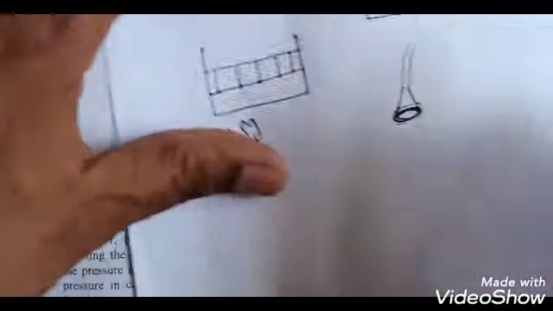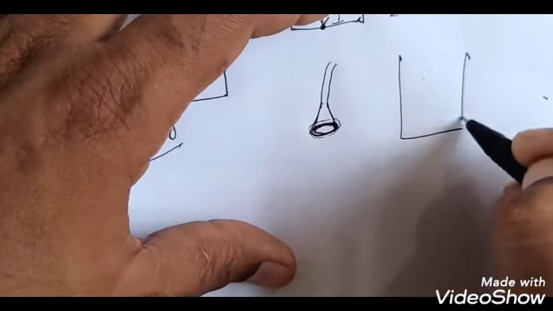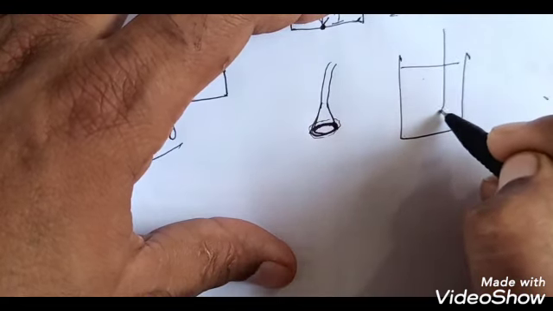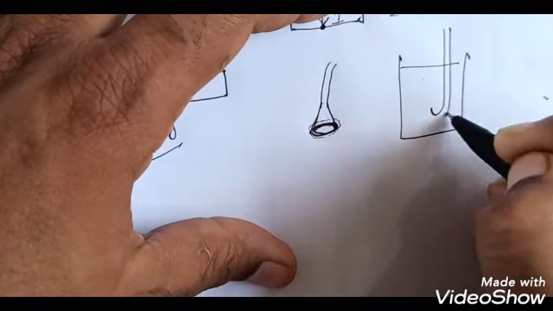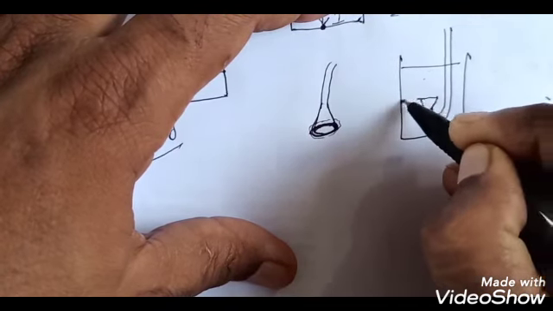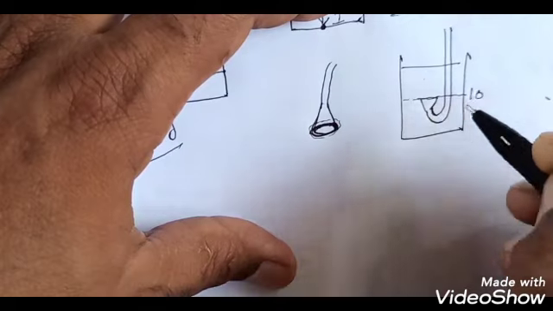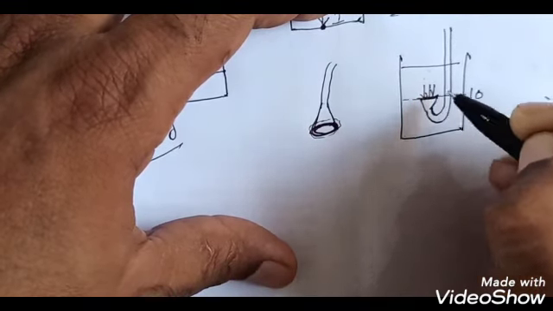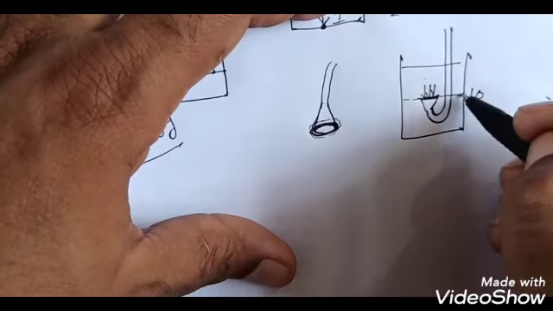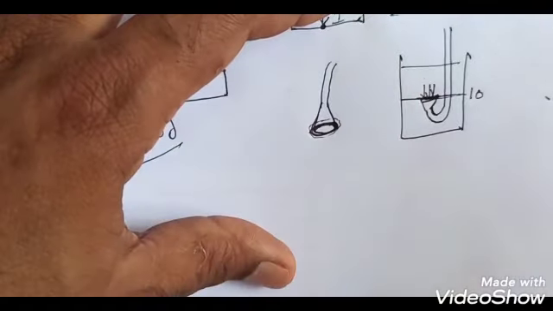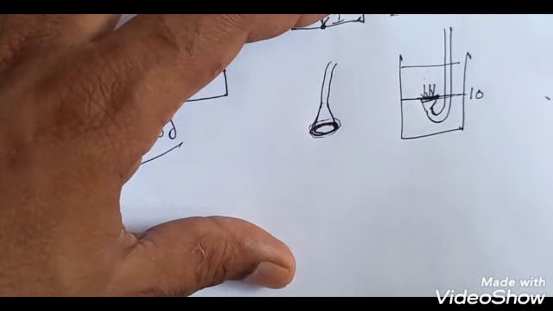Or if you do it like this, see this liquid is same, but take the tubing like this, and a funnel is kept upward like this, but at same height 10 centimeter. Now in this case pressure will be acting downward. But because depth of the liquid is same at which the end of the funnel is kept, therefore pressure will be same.